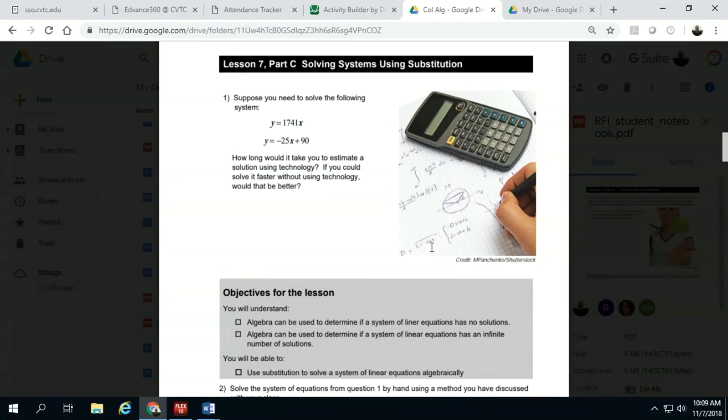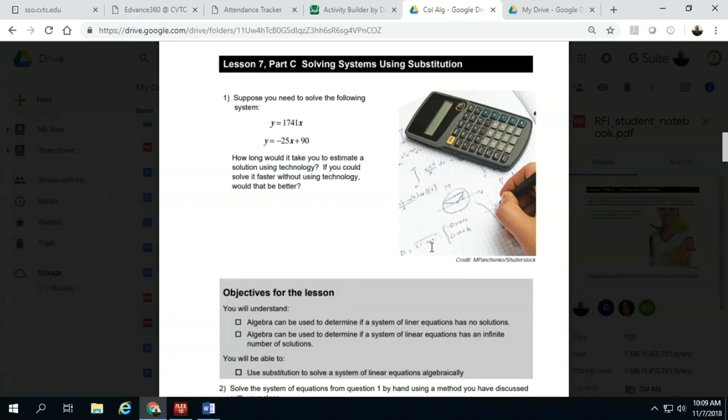1,741. How many times does 1,741 come in contact with 50? About every 35,000 numbers. We're going to have to go a long way before we find too many solutions that will come out evenly. The chance of it being just one number, like a whole number, is going to be very, very, very small.